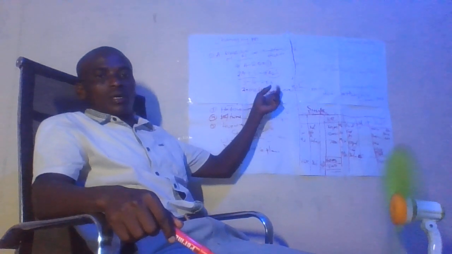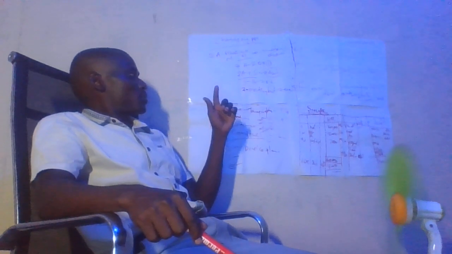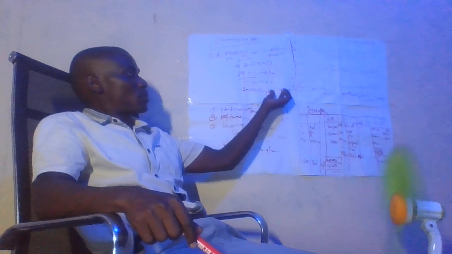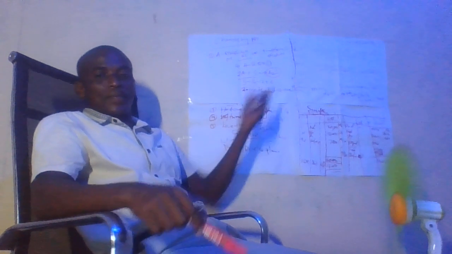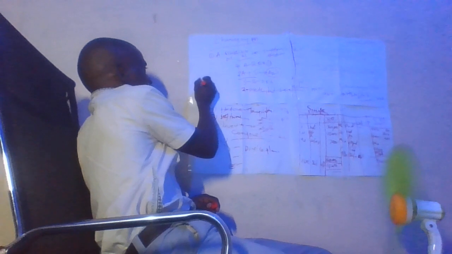Now this 2 is showing the position of the methyl group, then butene is the parent name of that given group. So this is butene. It has 4 carbon atoms. Because it's butene, it has a double bond. So in condensed form, you're supposed to draw here.